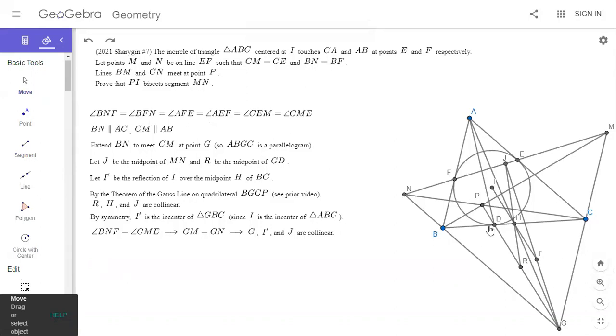How do we show that D lies on the segment GRP? You could say it's like that harmonics argument. So if MN meets BC at a point T, then B, C, D, and T are in harmonic conjugation. And then, yeah, I'm forgetting how, let's see.